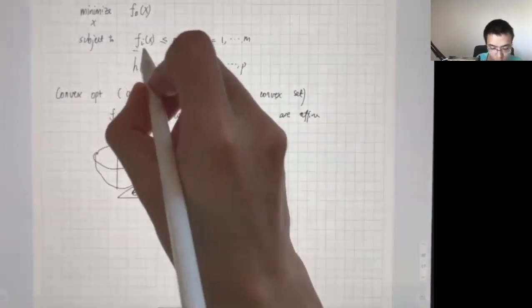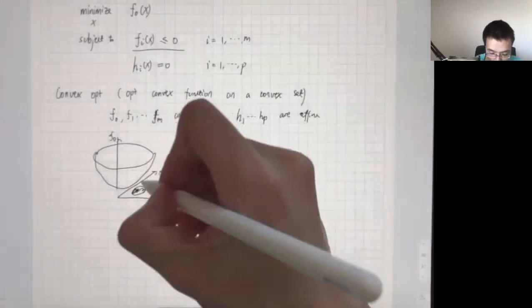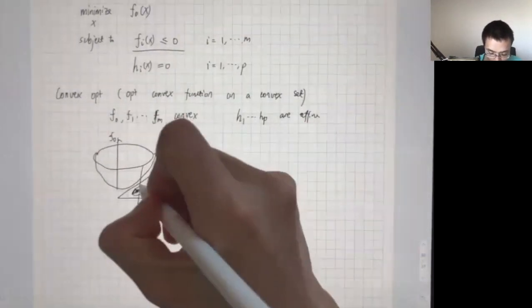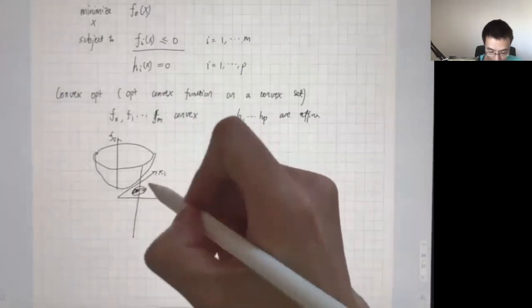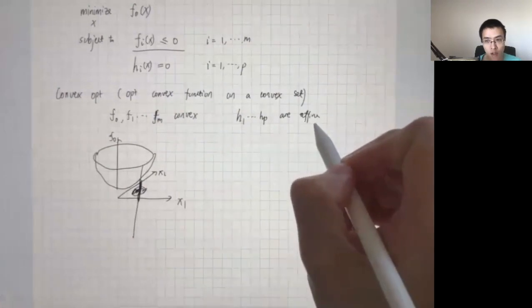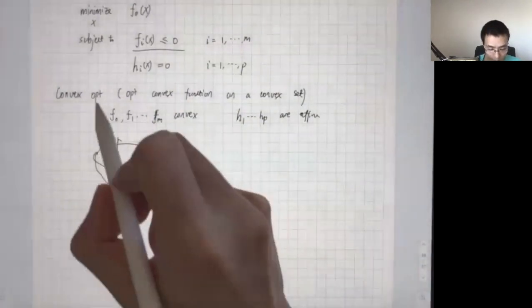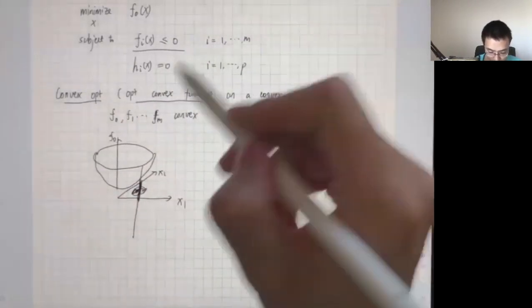This is given by this inequality constraint with f being convex. Or maybe you have some equality constraints, then you cut this plane, the input space, and this cut is an equality constraint, and it's given by some affine functions. Okay, so convex optimization essentially says I'm optimizing a convex function on a convex set.